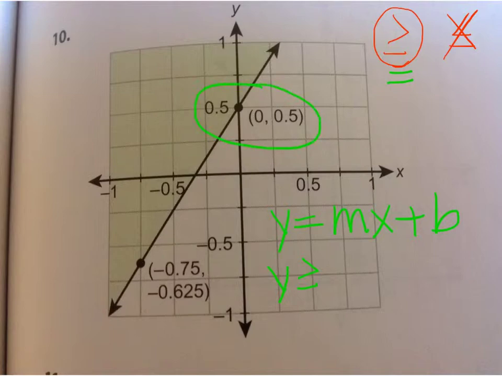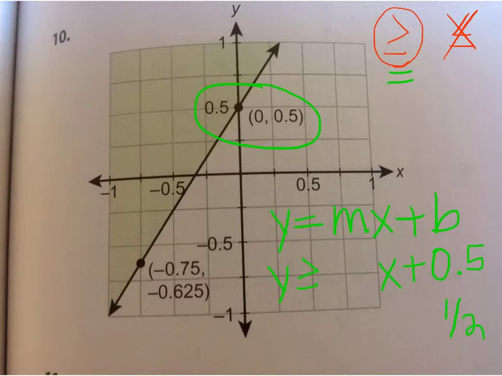B is the y-intercept. So that is 0.5, or we could put 1/2 in a fraction. And the slope times x. So we just need to figure out the slope.